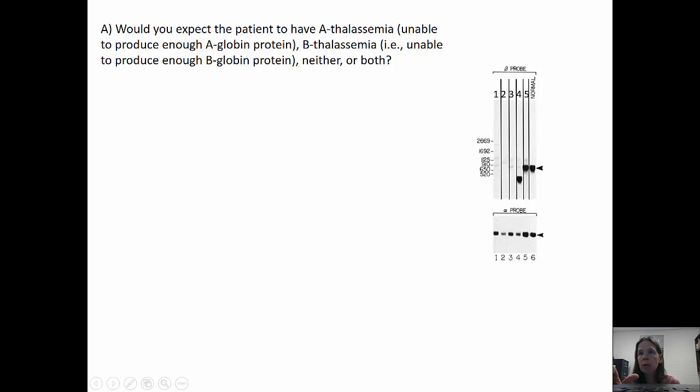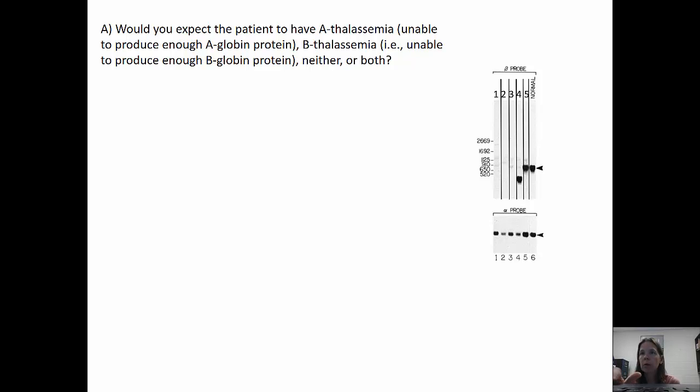If you look down at the alpha globin blot, you can see that they also have slightly different amounts of alpha globin than the person without the disease. So it's possible that something is going on there too, but it's most likely going to be beta globin. Patient number 4 has a beta globin mRNA that is actually shorter than the normal beta globin mRNA.